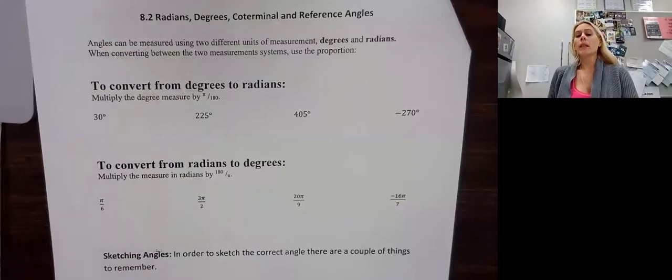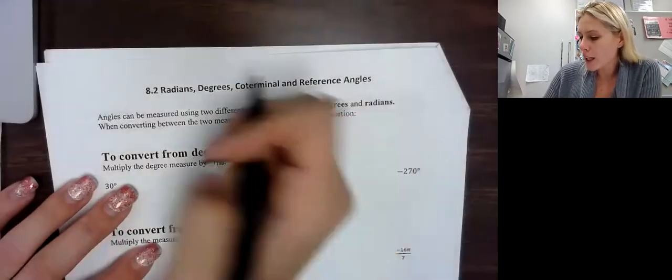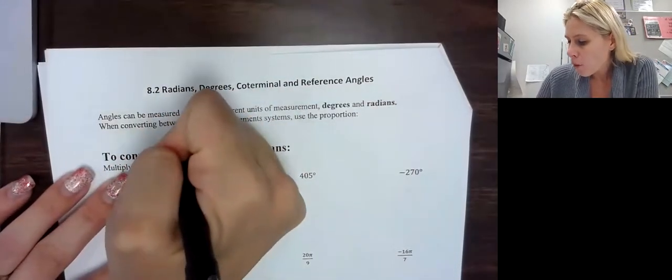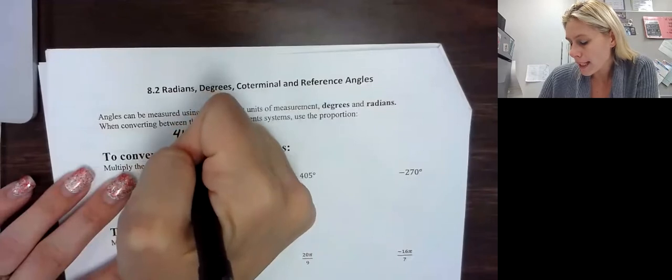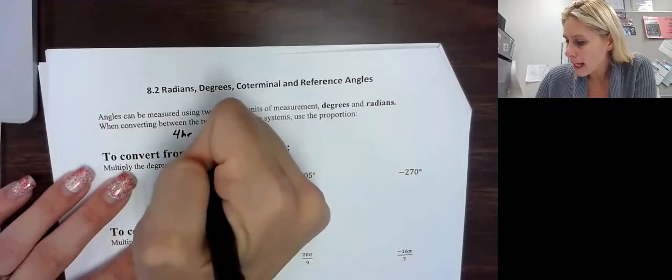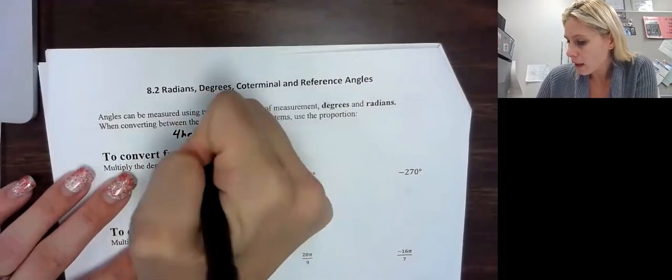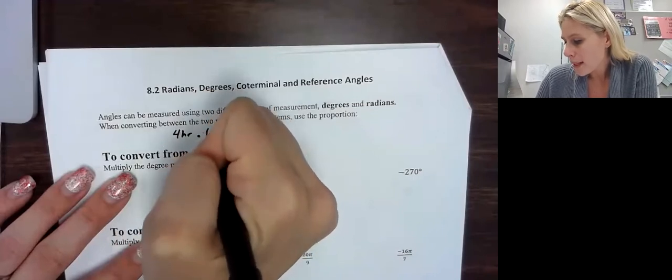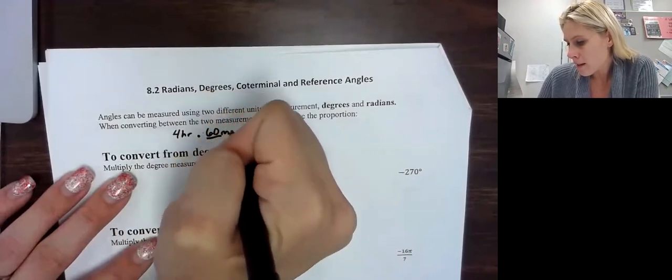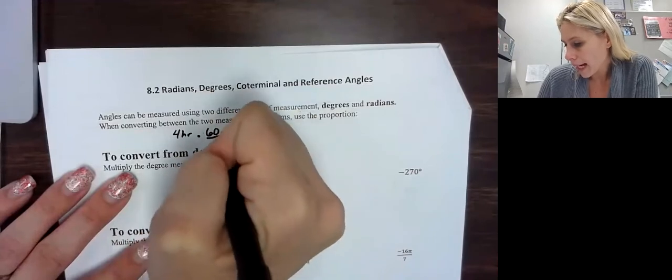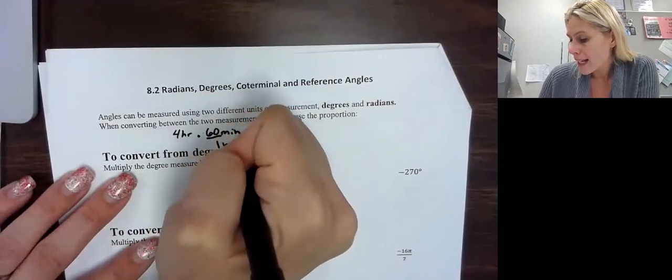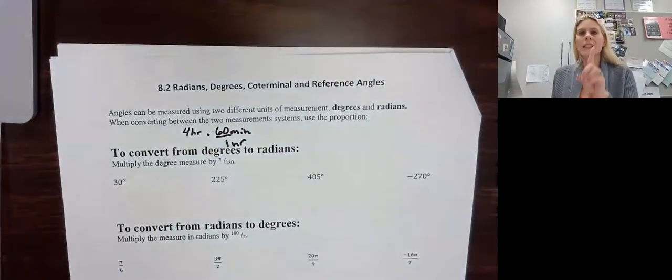When converting between the two measurements, we use proportions. Just like you would say with time, right? If I converted 4 hours into minutes, I would say, well, I know that there are 60 minutes in every hour. And because 60 minutes in 1 hour is the value of 1.